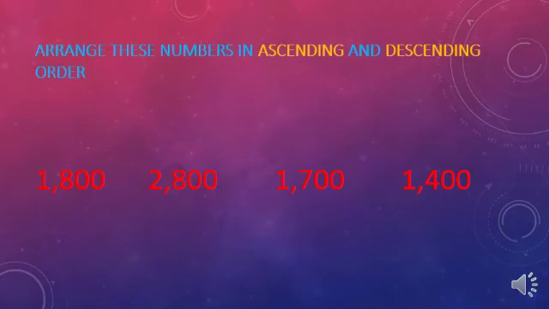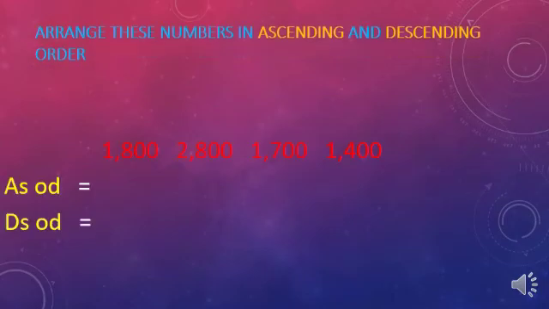So let's go for the ascending order. See, as I told you, first we checked which numbers are there on which place value. So in ascending order, first the smallest number will come. Which one is the smallest one? Correct, 1400. Next one 1700.